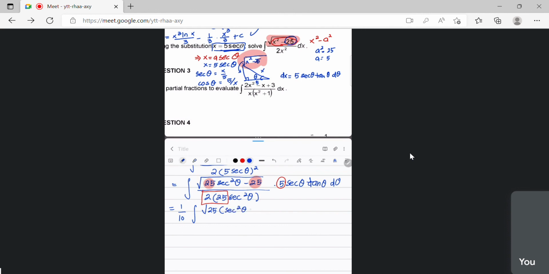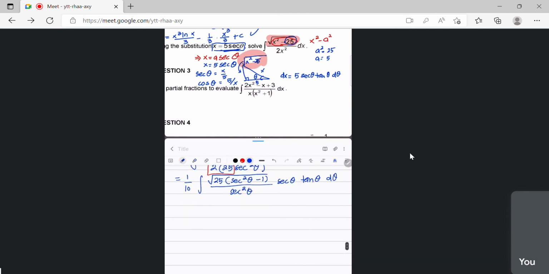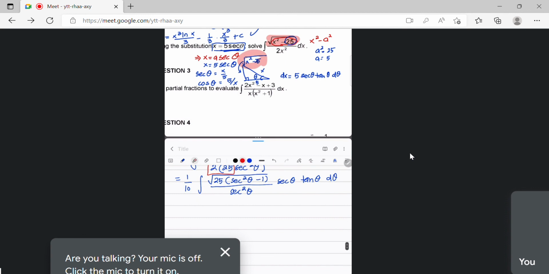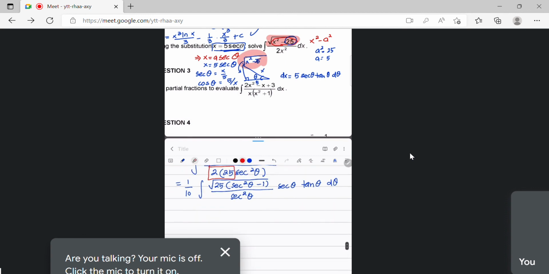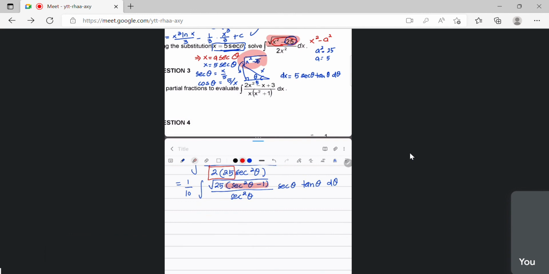Secant squared theta minus 1. Okay, sini kat bawah, secant squared theta, secant theta, tangent theta d theta. Okay. The next hint, must able to apply the identity. Secant squared theta minus 1 is equal to tangent squared theta.